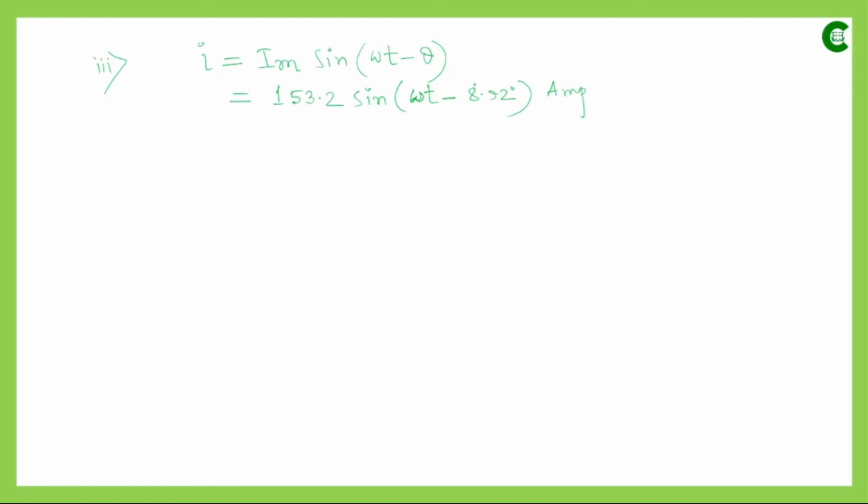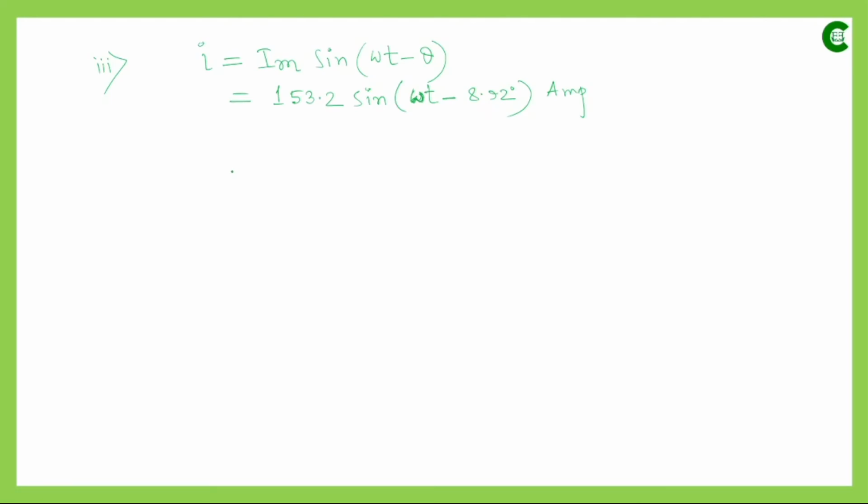Or we can think this way also, that i will be Im sine omega t plus theta, where theta itself is negative. So finally when we represent it, it will have a negative sign, then the phase difference value.